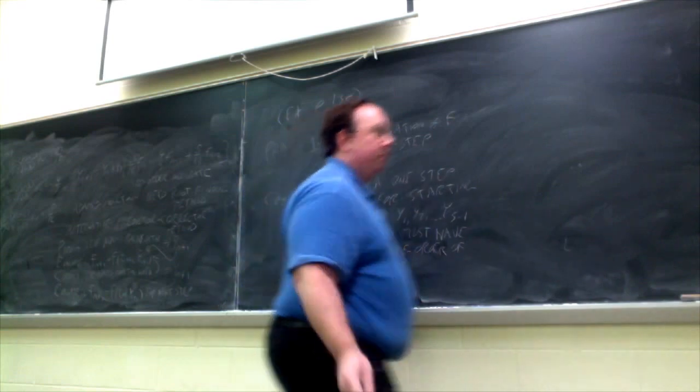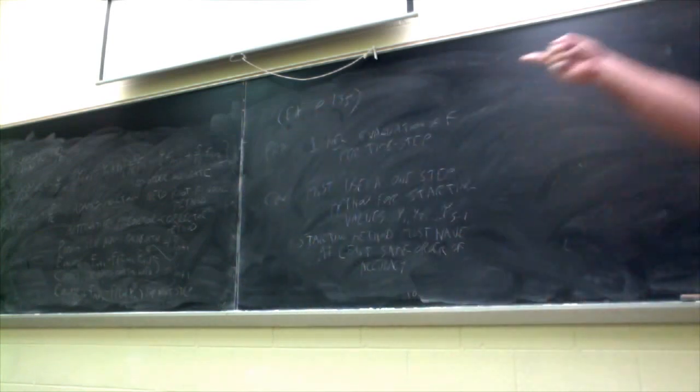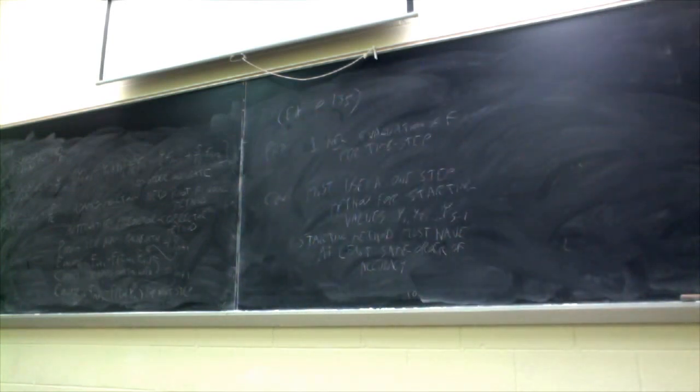So for instance, for that multi-step method over there, it's 3-step. I must use at least a 3rd order accurate 1-step method. If you want to use more, that's fine. But if you use a lower order accurate method like Euler's method, that 1st order error contaminates your solution for all time. You'll never get rid of it.